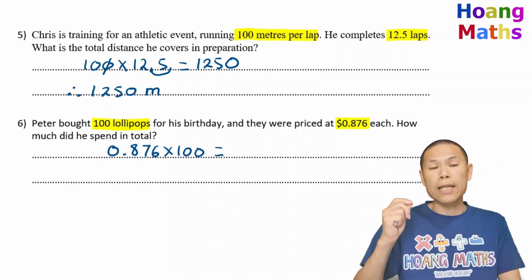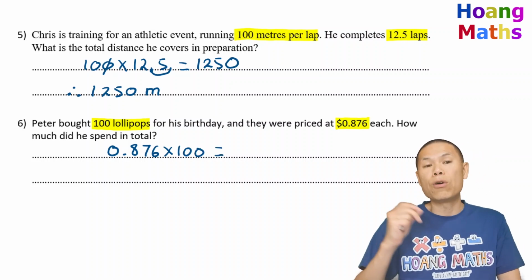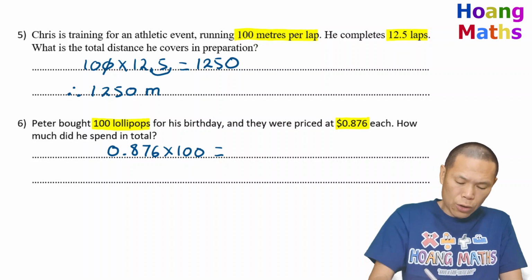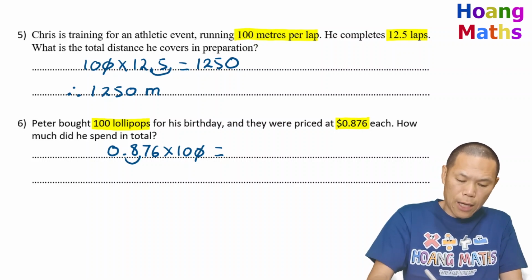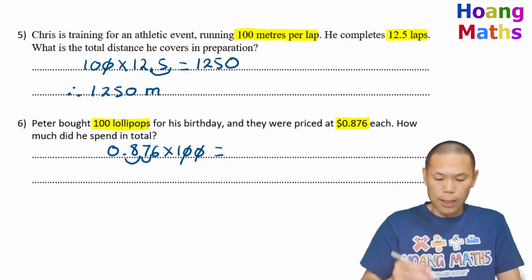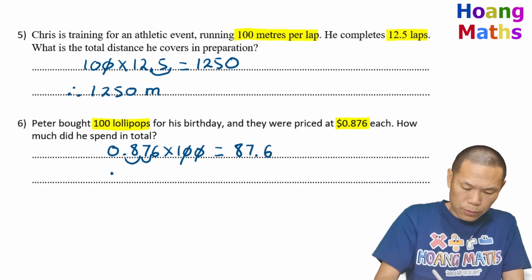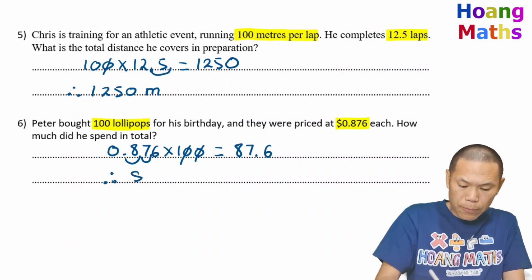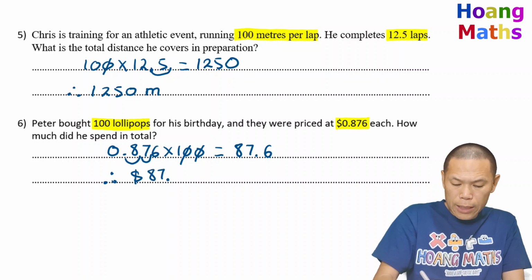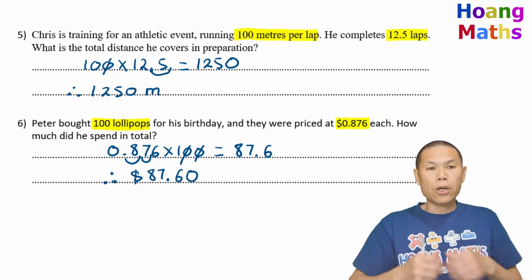And we know that the answer should be more than 0.876. So that means this decimal point here, we move 1 unit to this side, we move 1 unit to this side. So 87.6. So therefore, he spends $87.60. 60 cents. So there you go.